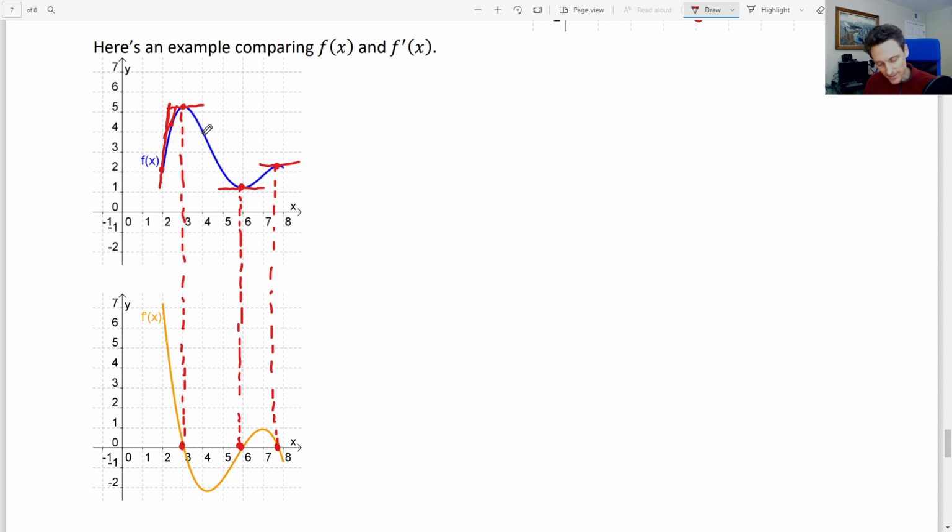And you can track a little bit in between too. Like right here, for example, we're going to have a very steep negative sloped tangent line. And if you look down, that's where you have the smallest value for f prime.